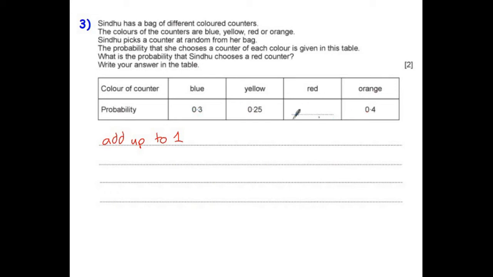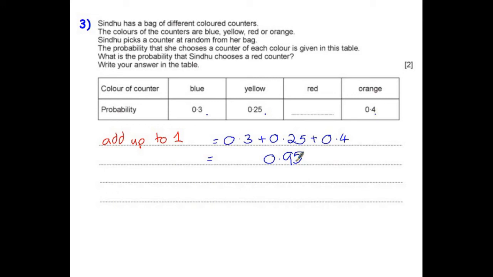Now, to work out the missing probability, we can add up the others. So we can do the probability of blue, which is 0.3, plus the probability of yellow, which is 0.25, plus the probability of orange, which is 0.4. Adding those together gives us 0.95.